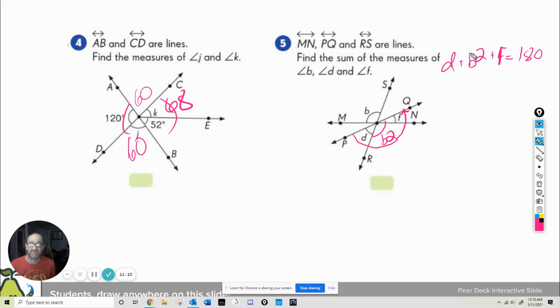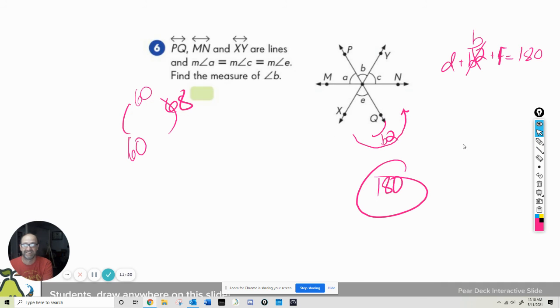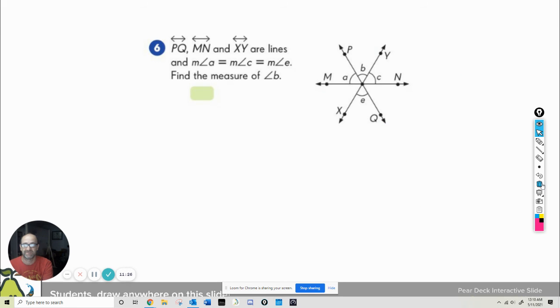And since B2 equals B, you're going to get 180. I like that one. It's kind of mean. Oh, I like this one too. It's super fun.